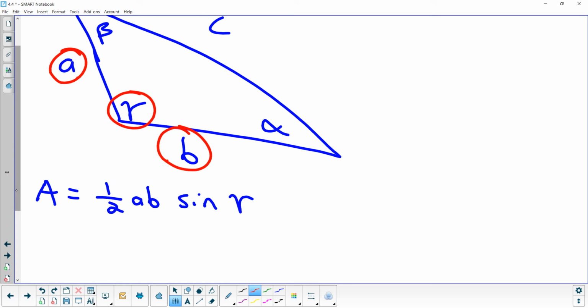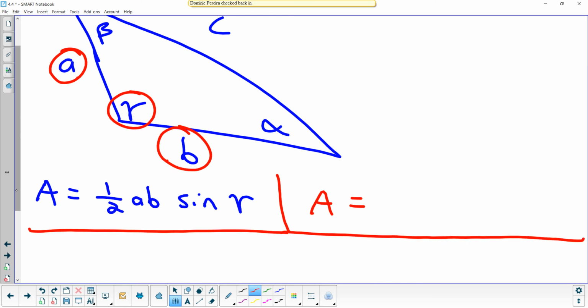So based on that idea, anyone think they could give me a different version of the area of a triangle formula using two other sides and the angle between them? A equals 1/2 BC sine alpha. Alpha, yes. So there's a second way you can use this formula.